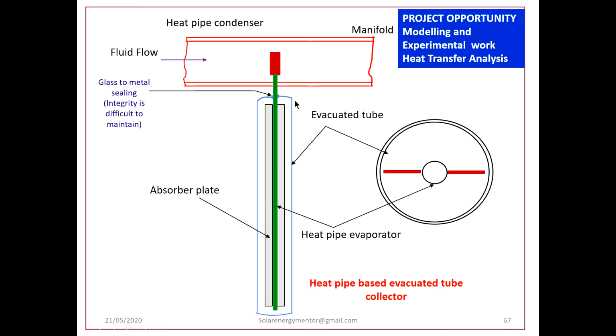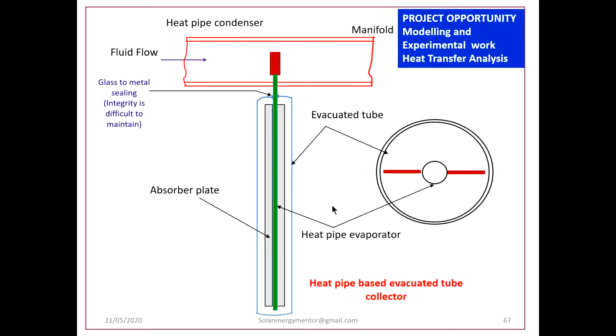One, as I mentioned here, their effectiveness in operation and the difficulty in getting the sealing of glass to metal. Another, their cost is high. However, the temperatures achieved by this heat pipe based evacuated tube collector are of the order of 160-170 degrees Celsius. So in getting high temperatures, these solar heat pipes are very effective.